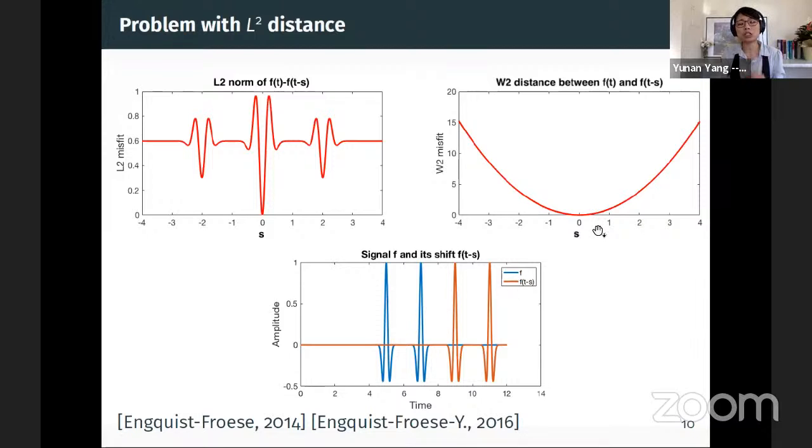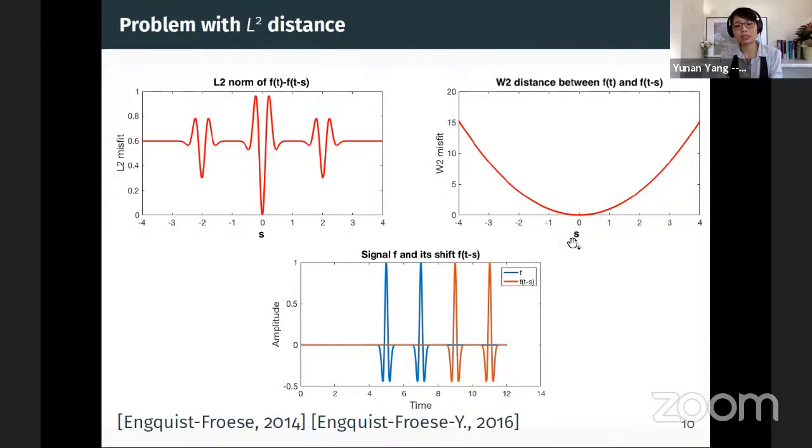So this is a much better objective function to work with, especially if local optimization algorithms are what you rely on. If your problem is large scale, it's impossible to do global optimization. Then you want to gain a convex or more convex optimization landscape.